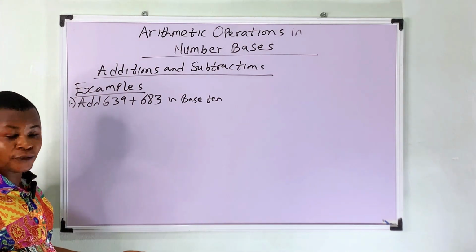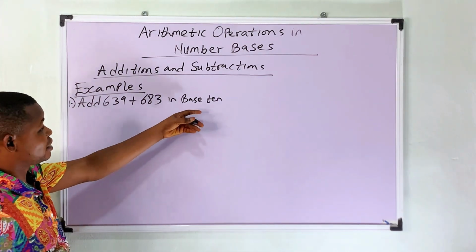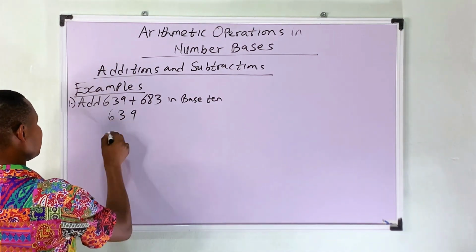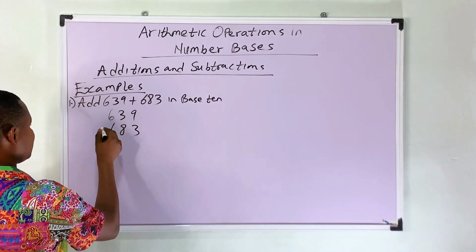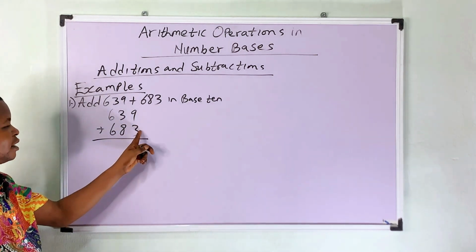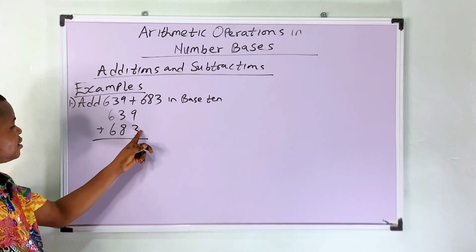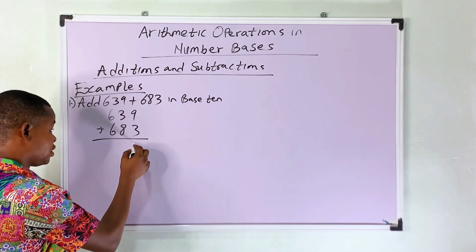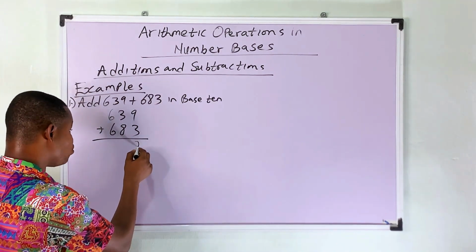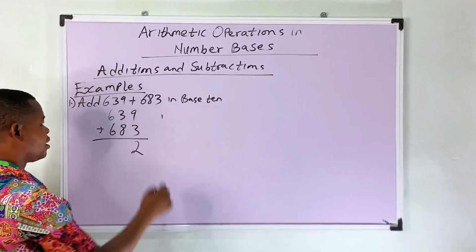This will be quite simple for us because we are conversant with addition in base 10. Look at it. 639, 683. 9 plus 3, that is 12. Every one of us understands quite all right that we write 2 and we keep 1.